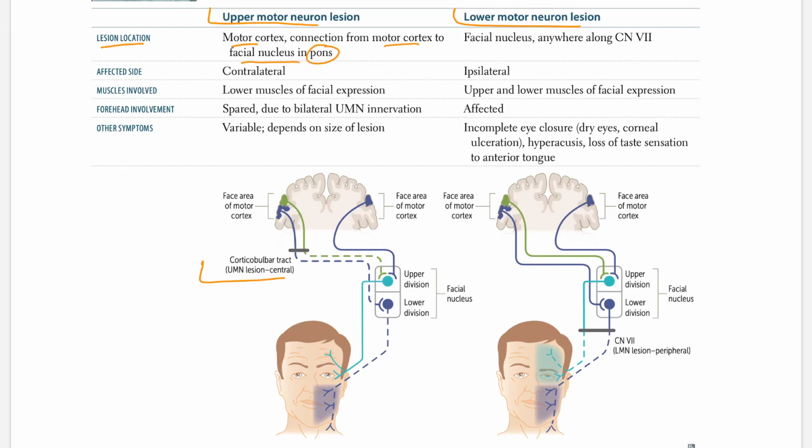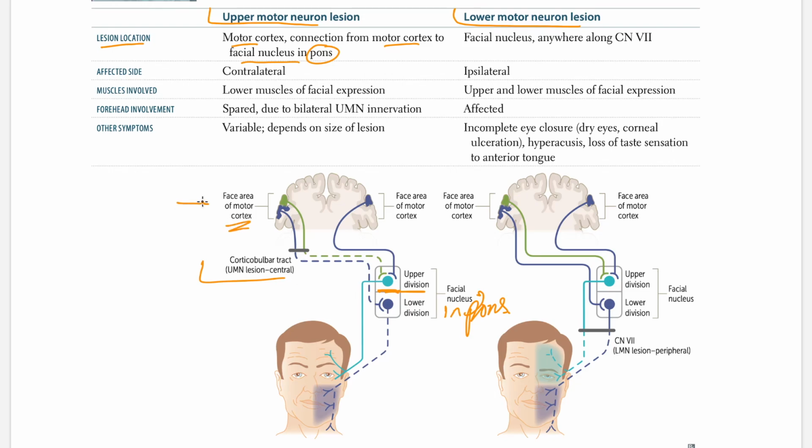The facial nucleus in the pons has two divisions, an upper division and a lower division. The upper division is supplied by both sides of the cortex.